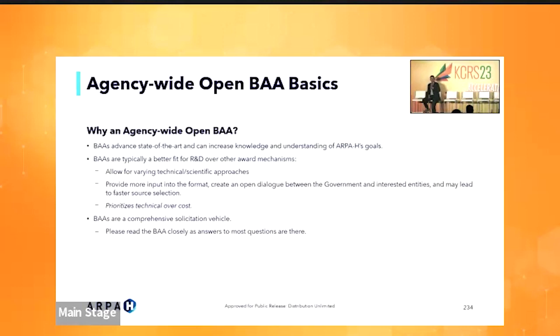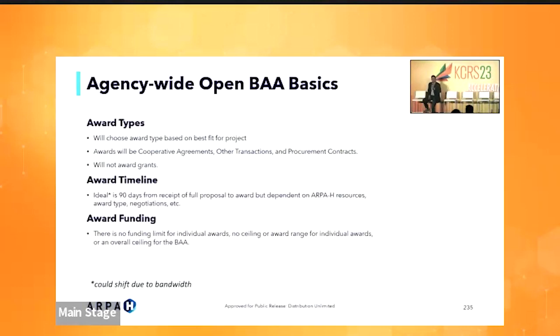The good news about the open BAA, you can look at the award types and the timeline, but I want to emphasize again here, the open BAA application is 3 pages. So if you can articulate your idea that quickly, it then gets reviewed within a few weeks. The program managers and our technical experts review those.